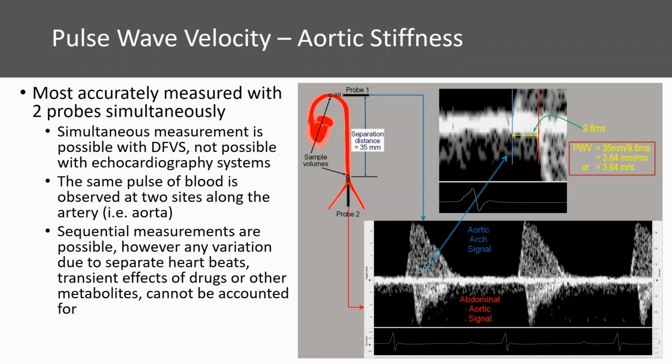In this way, any variability introduced due to variations in the heartbeat, transient effects of drugs or other metabolites is removed. And when we display them simultaneously, we simply measure the time between the start of each waveform, as you can see in this blown up window here, and the distance between the probes on the animal, and we can quickly calculate the pulse wave velocity.